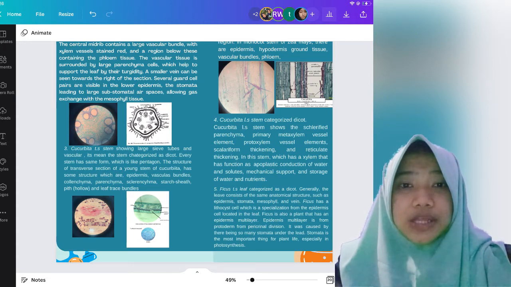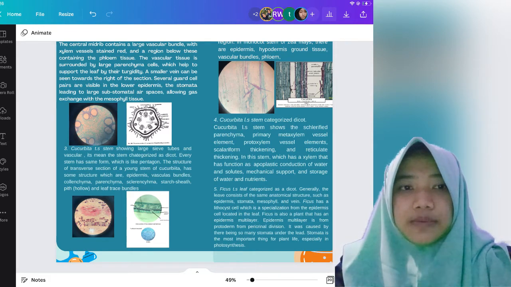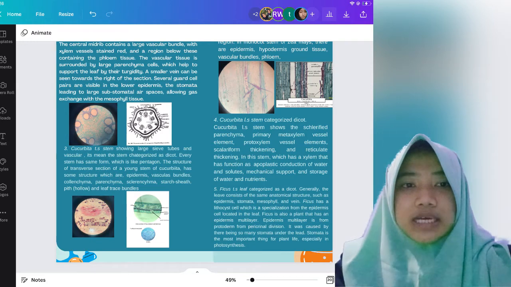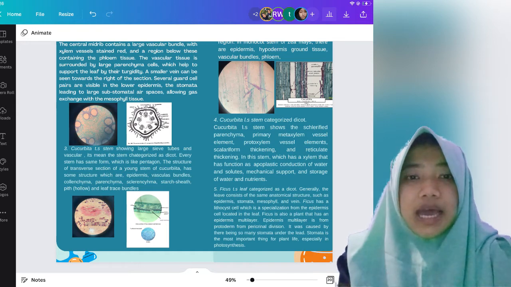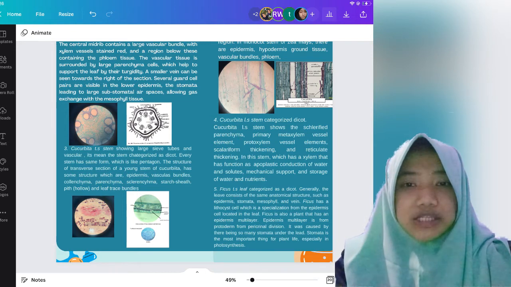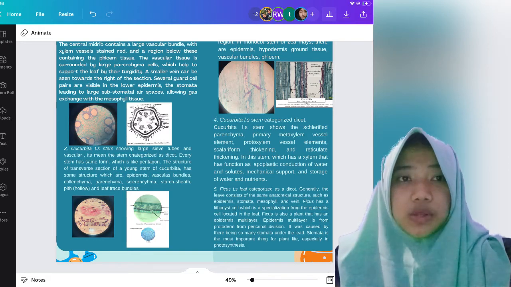Cucurbita longitudinal stem shows the sclerified parenchyma, primary metaxylem vessel element, protoxylem vessel element, scalariform thickening, and reticular thickening. In this stem, the xylem has the function of apoplastic conduction of water and solutes, mechanical support, and storage of water and nutrients.